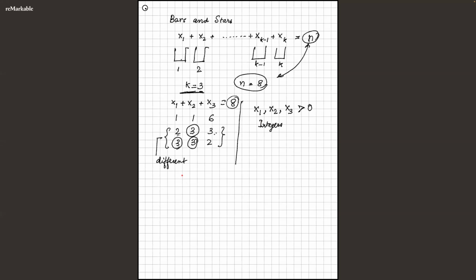If there are 8 fruits, what do we do? Can one of you guide me and help me understand how it should be done? If I'm asking you to solve x1 plus x2 plus x3 equal to 8, with x1, x2, and x3 greater than 0, how many ways can we arrange the fruits in these 3 baskets?